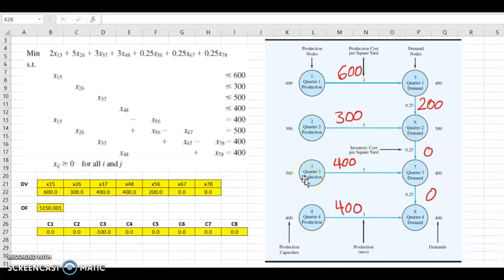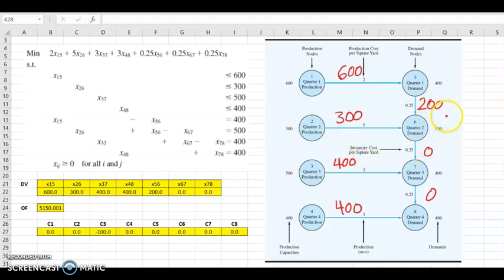The rest is obvious. Each quarter manufactures for itself, and there is no need to use the extra capacity of quarter 3 because quarter 4 can satisfy its own demand with its capacity. The total cost, as calculated here, is 5150.